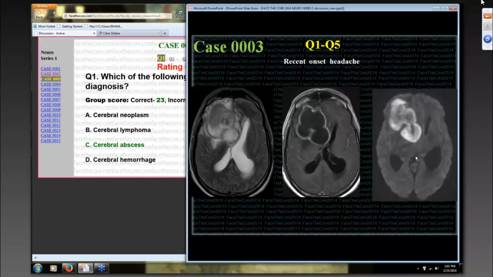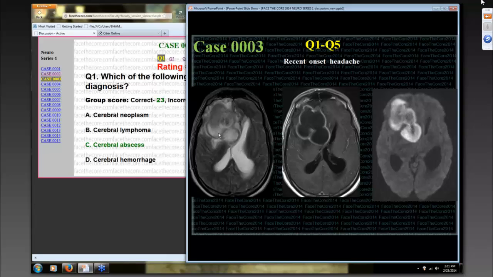And diffusion positivity, of course, as far as lymphoma is concerned, theoretically it is possible that lymphomas can show positive diffusion, but it is usually the solidly enhancing tumors in which you expect to see diffusion positivity in lymphoma cases.